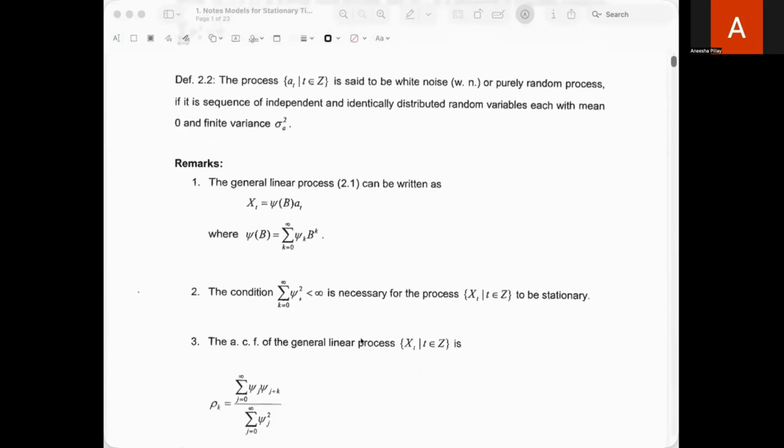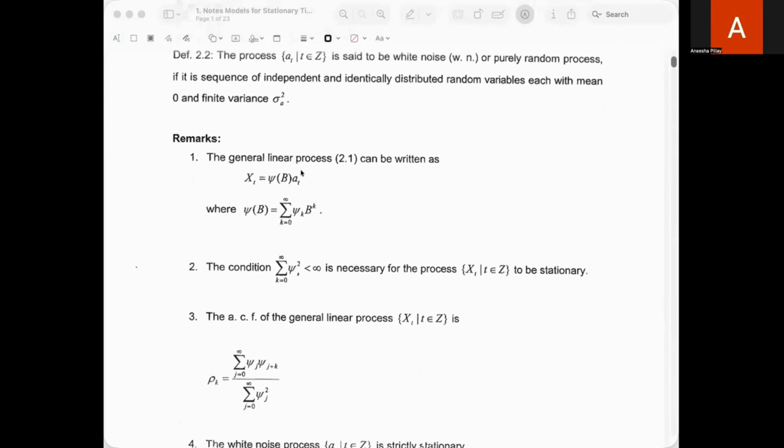Now, based on the first remark, a general linear process can be written in this manner.